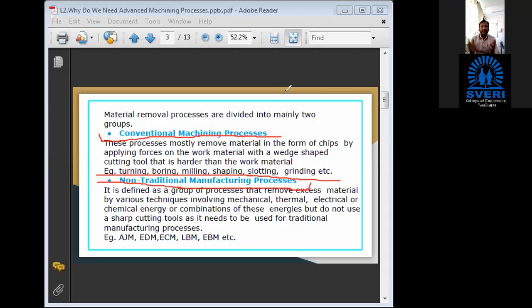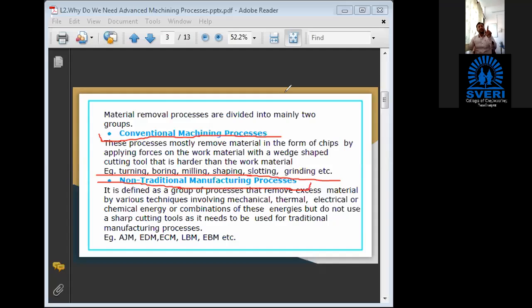They use these energies to remove the excess material from your workpiece. But the condition is that they do not use a sharp cutting tool, as needs to be used for a traditional machining process, because we know the cutting tool is used in traditional or conventional machining.